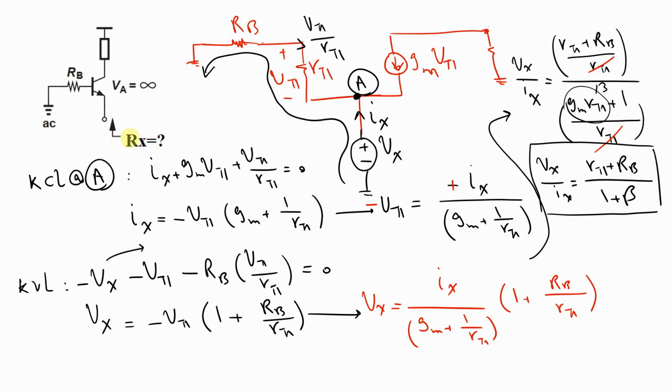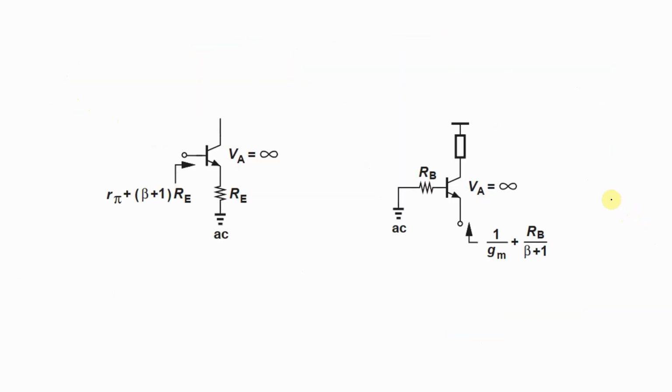And again, because here we have to calculate the resistance from the emitter node, the base resistance has to be divided by 1 plus beta. So just to recap this video, and this is really important, the final expressions here: whenever you calculate the resistance from the base, you have to take the base resistance as usual plus 1 plus beta times RE, and vice versa. If you calculate the resistance from the emitter, you have to divide the base resistance by 1 plus beta.